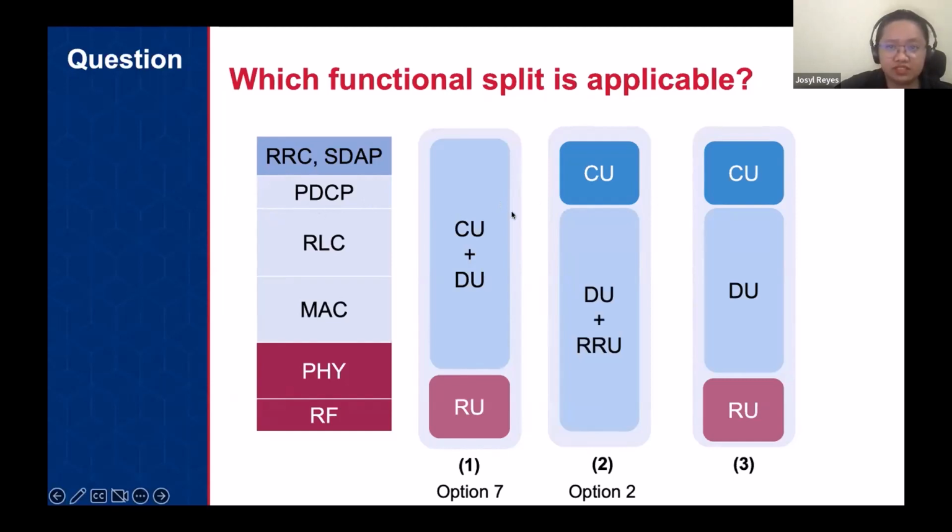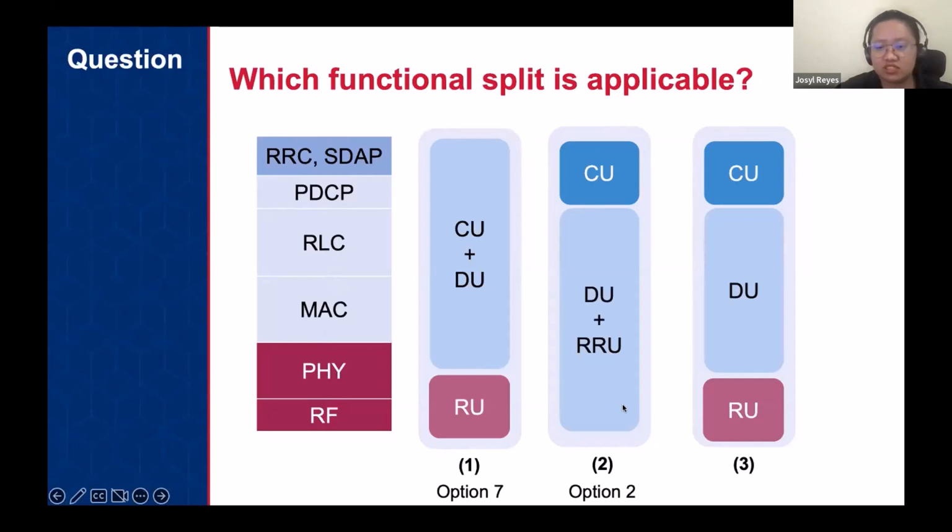If you have the split here, that means it's option 2. Then you can predict from 8, 7, 6, 5, 4, 3, 2, 1.